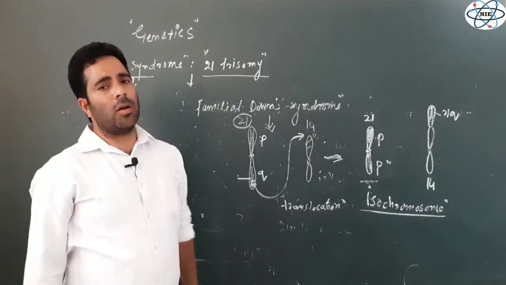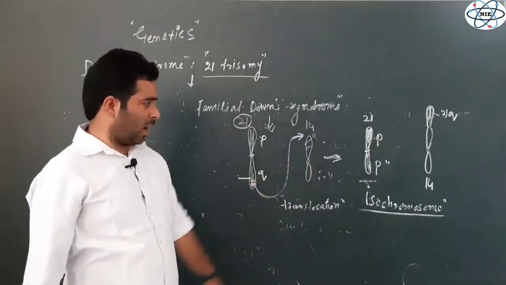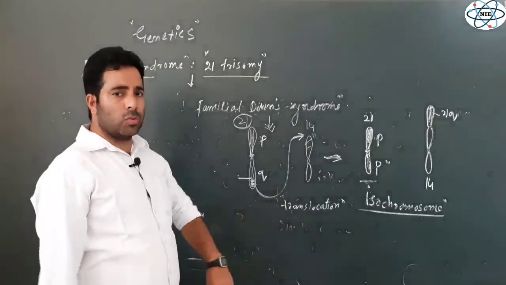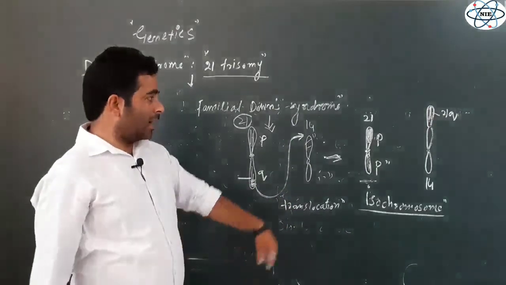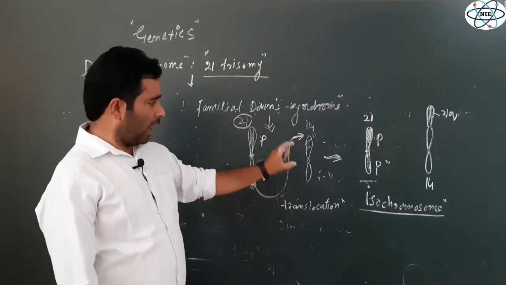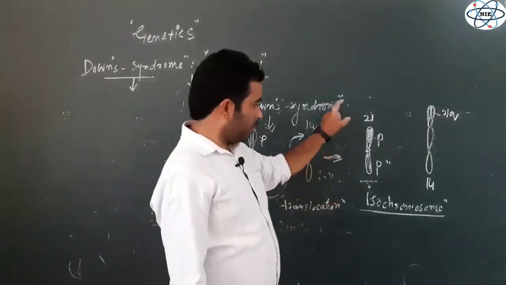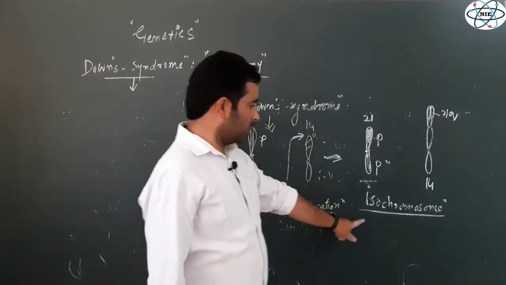It is an abnormality of a chromosome. When a chromosome loses an arm, it can duplicate its existing arm and acquire two similar, mirror image arms. When two mirror image arms are present on a chromosome, this is known as an isochromosome.